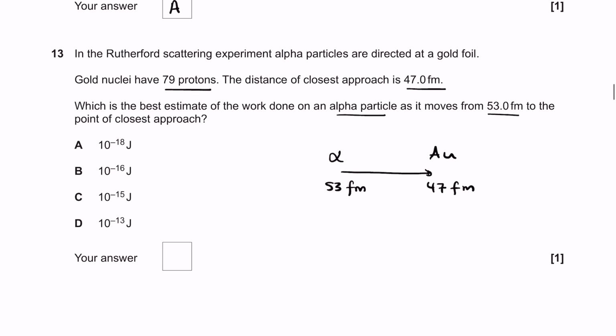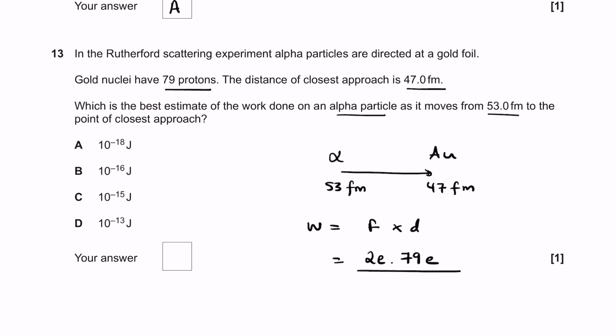Now we know that work done is the force times distance moved, and we know that force is the electrostatic force of repulsion. That's due to the two protons in the alpha particle's nucleus (an alpha particle is a helium nucleus) and 79 protons in the gold nucleus.